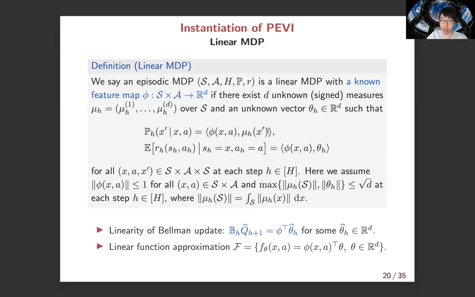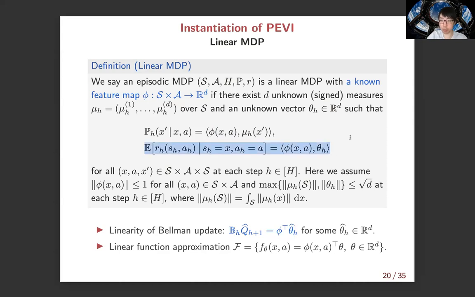The good thing about linear MDP is that if you apply the Bellman operator on the next Q function at the h+1 step, then we have a linear function. Phi is this feature mapping here, and theta is the parameter we're trying to estimate.